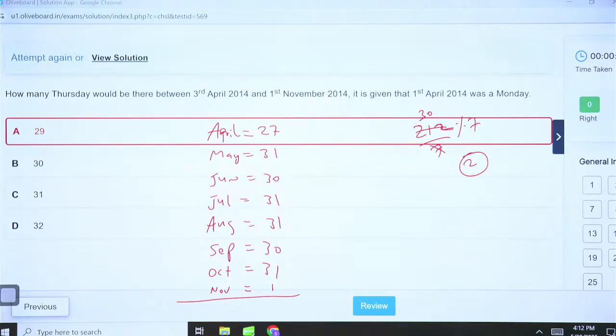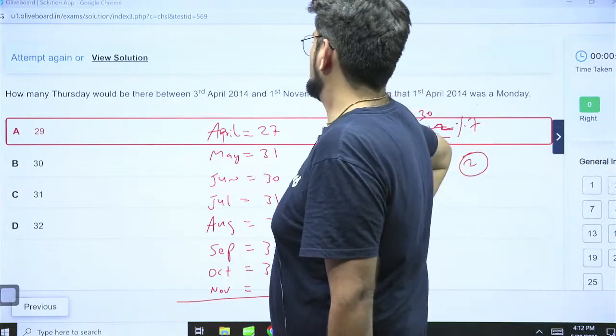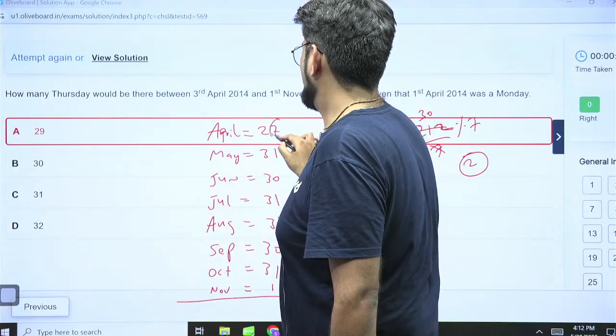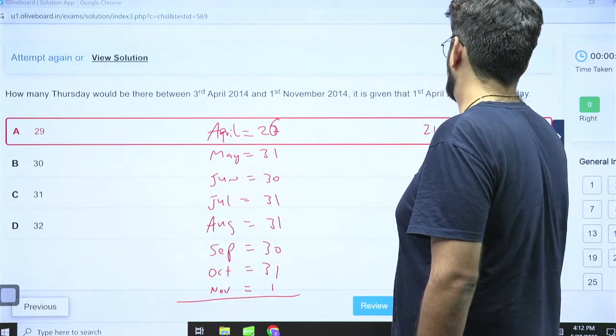So 30 full weeks have gone. The first Thursday would start on 4th April. So why do I count this? I should not count this also, no? Let's start from 4th April only. So technically we have only 211 days.